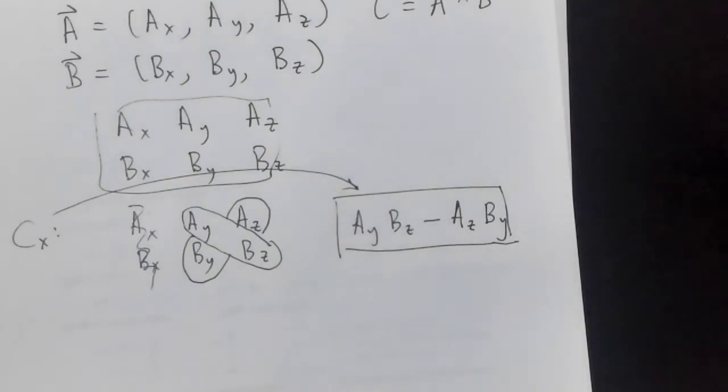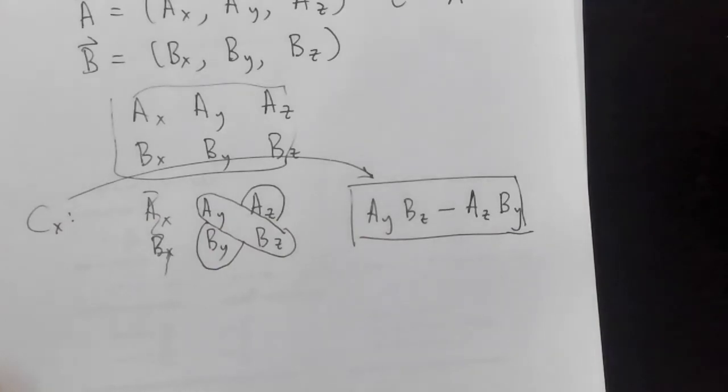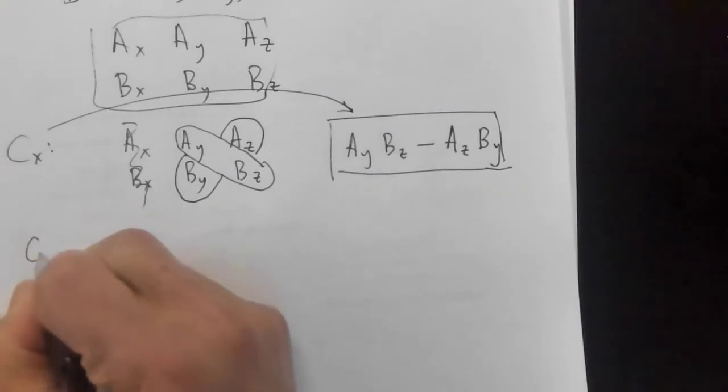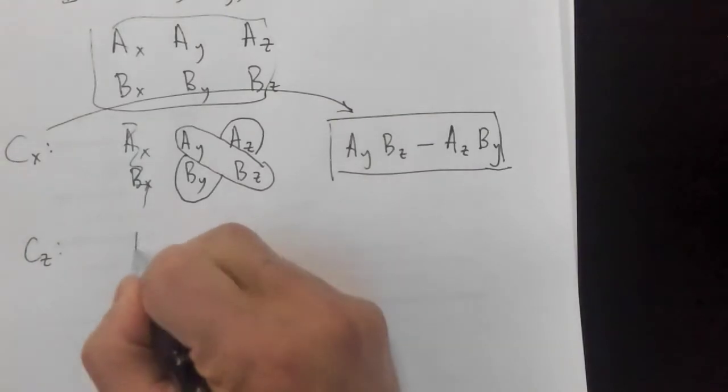This is actually on your equation sheet, so you can look up this formula on your equation sheet, but I think it's a little bit easier to do this way. Okay. So next, I'm going to do CZ because I'm going to skip CY for just a moment. CZ is just as easy.